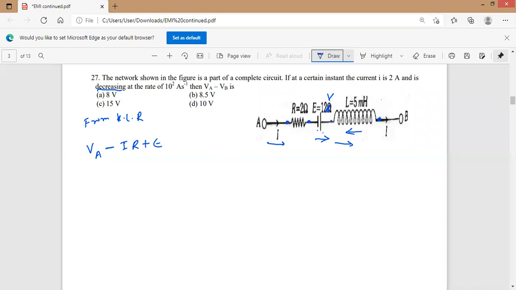But we are traveling from lower potential to higher potential. Therefore, lower to higher means increase in potential. It is also plus. So plus, L into di by dt, so minus L into di by dt.